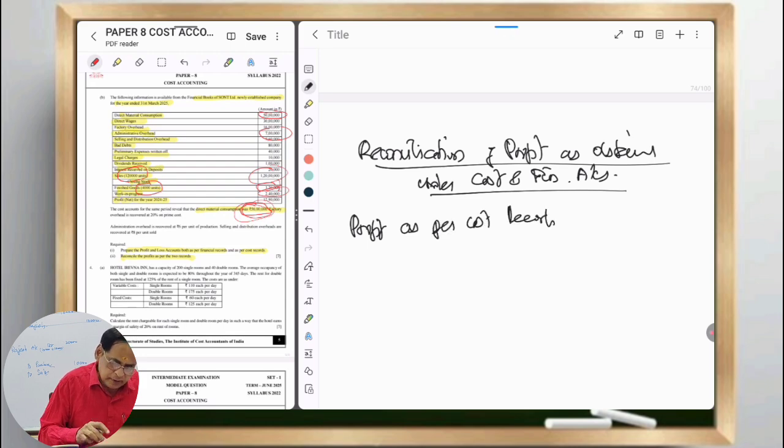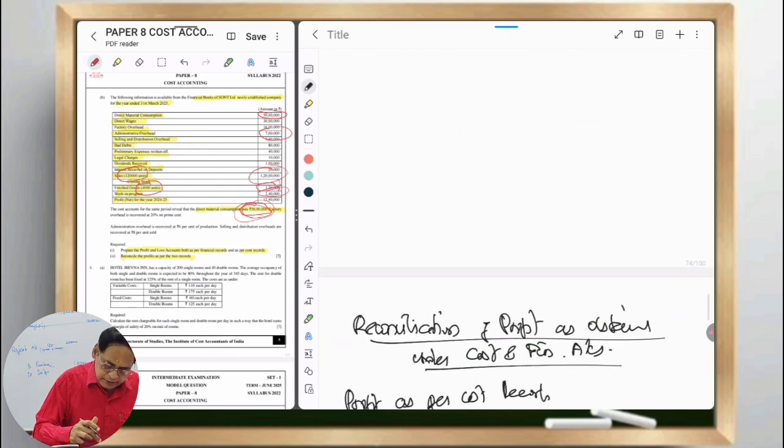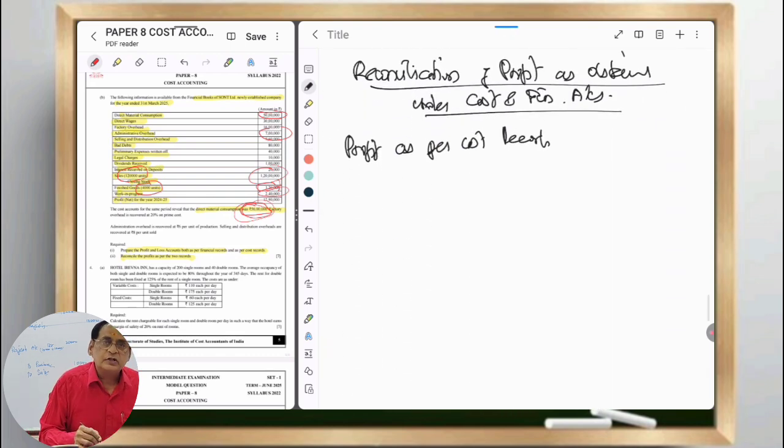How much did we prepare? That is 5,65,160. If we start with this figure, then some adjustments are there, something to be added, something to be deducted, and then the final figure must tally with the profit arrived at by financial statements.